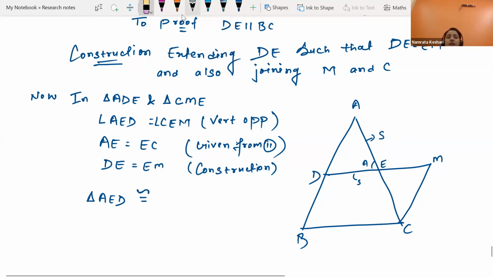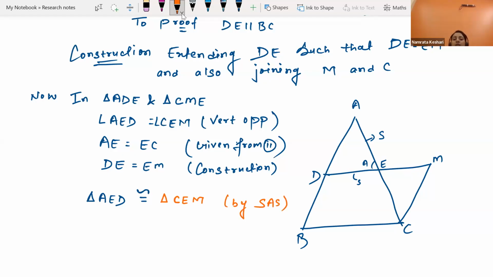Is it side angle side? Okay, these two triangles are congruent by side angle side.